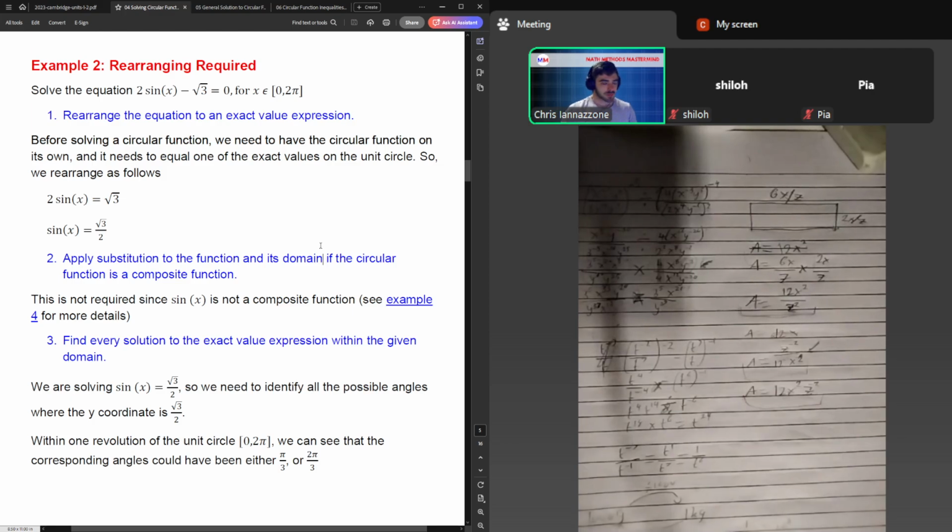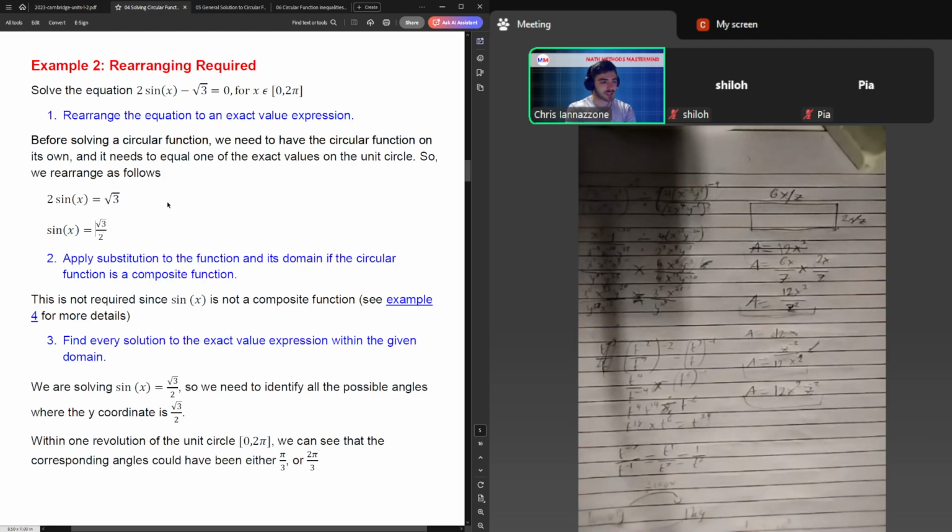Next up, we look at what happens if you have to put a little more effort into it. In this case, we have a circular function that has an unknown in the bracket, so we know we have to work in this sort of framework. But the challenge here is that the circular function isn't on its own right now. So pretty straightforward, all we're going to do is rearrange that.